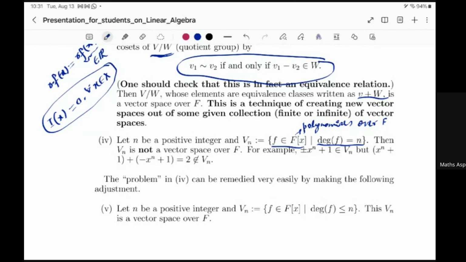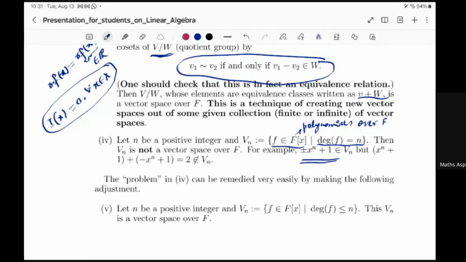This is not a vector space. Why is that? Because it is not even a group. The reason is simple. x to the n plus 1 and minus x to the n plus 1 are both in V_n because both are polynomials of degree n.